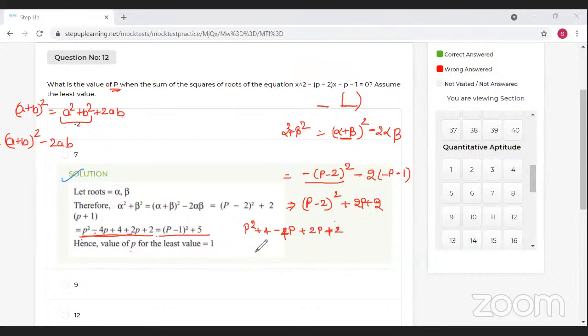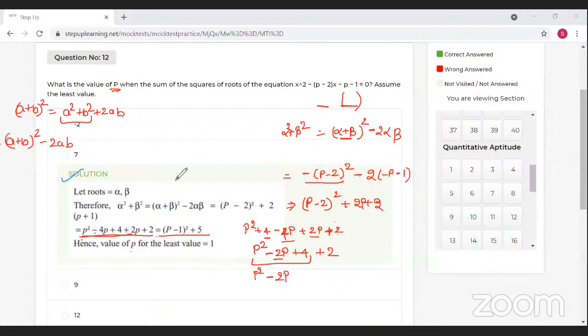When you solve this equation, you will get p square minus 4p plus 2p is minus 2p, and this is plus 4, and then this is plus 2. So p square minus 2p is there.